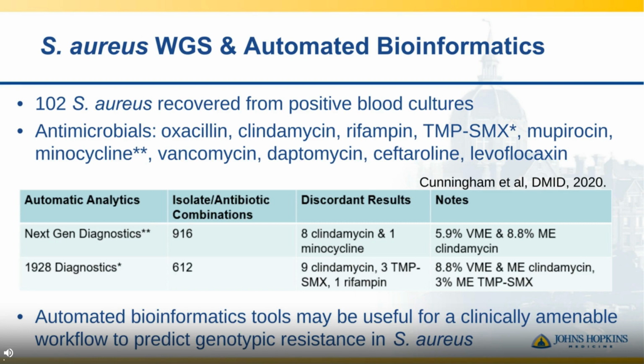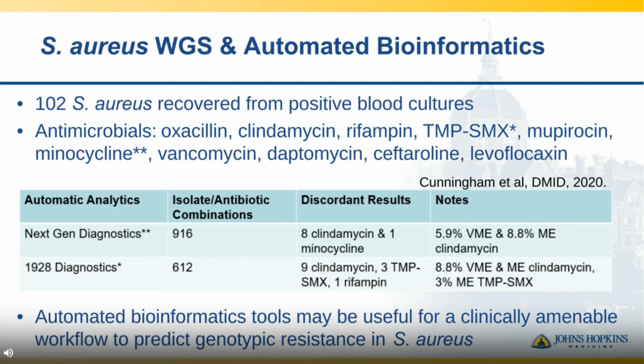There are some differences in which one of the analytics could predict some, but not all of the agents, and hence the difference in the combination of isolate antibiotic combinations that can be compared between these 2 pipelines. But overall, it was really encouraging to see a high concordance between the predictions and the phenotypic AST results, where there was 100% agreement with oxacillin, vancomycin, and mupirocin for these pipelines.